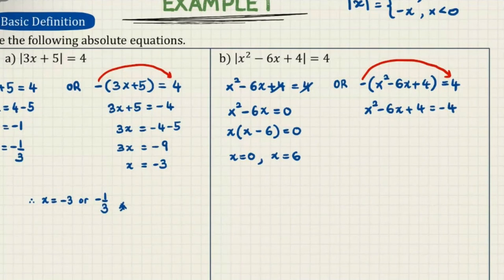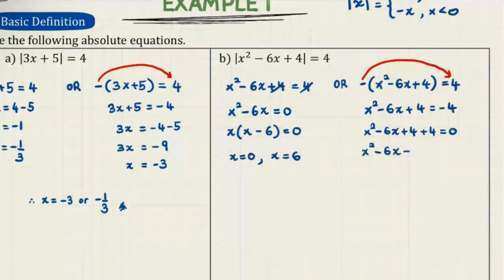Okay, lepas tu kita pindahkan pula this negative 4 on the left hand side. So x squared minus 6x plus 4 plus 4 equals to 0. Okay, so now ada x square minus 6x plus 8 equals to 0.